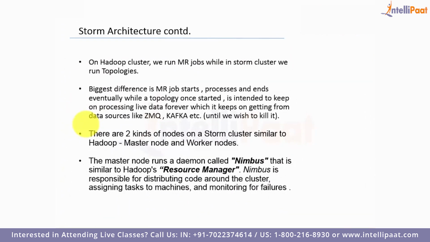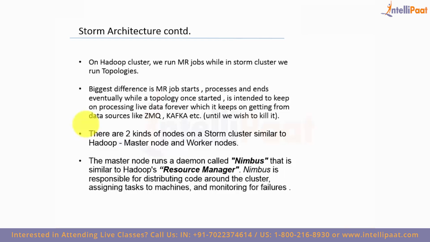On a Hadoop cluster, we essentially run MapReduce jobs, while in a Storm cluster, we run topologies. So we can say that Storm jobs are called topologies. The biggest difference is that MapReduce jobs start, they process the data, and they end eventually when the data to be processed is finished.